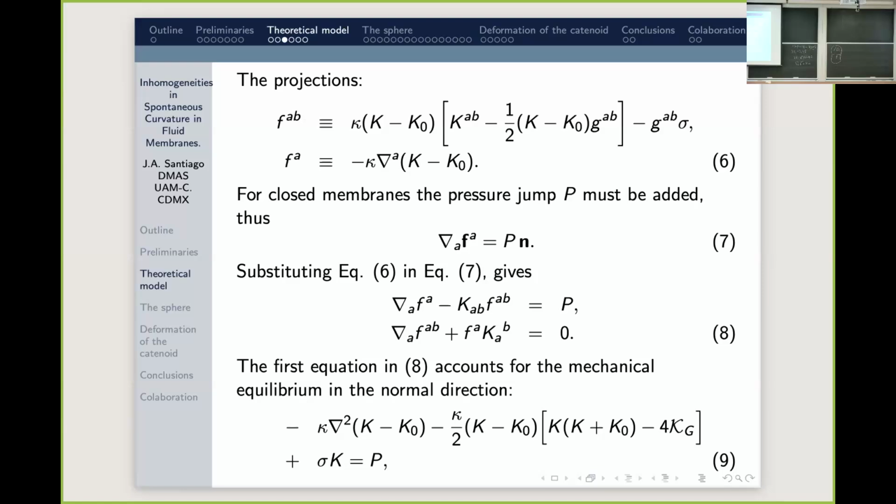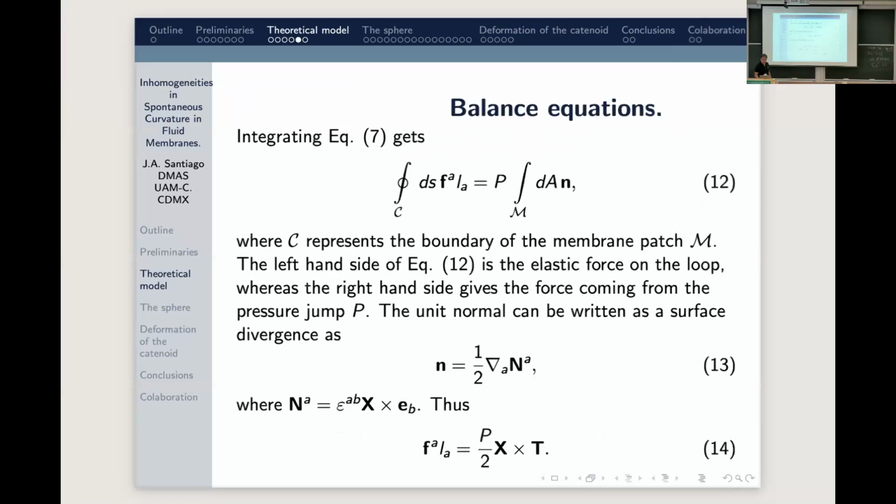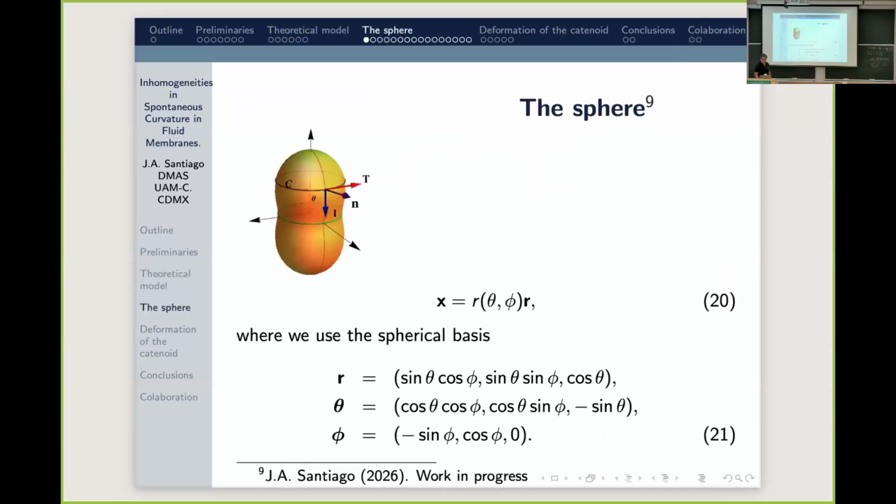Or for instance, a minimal surface. In a minimal surface, this K is equal to 0, right? Then we have an equation for the spontaneous curvature. Then we propose a surface and obtain the equations for the spontaneous curvature, right? That is the point here.